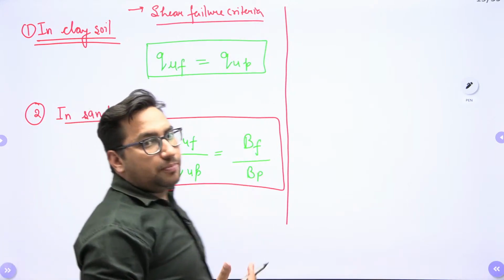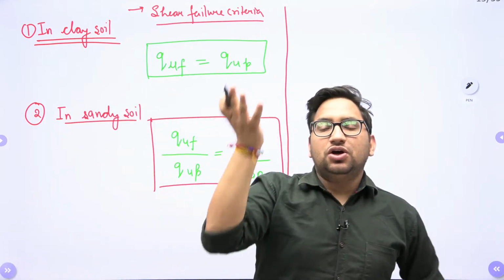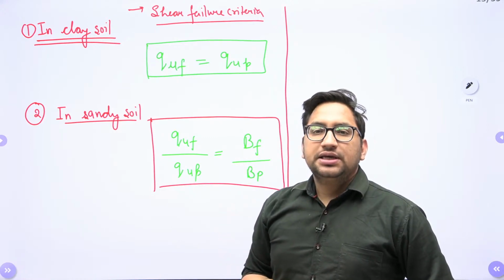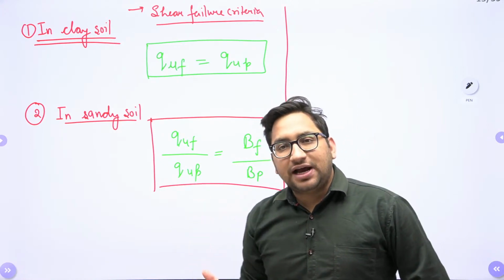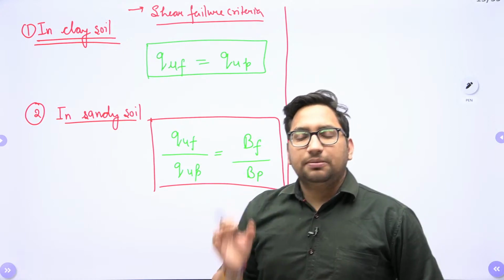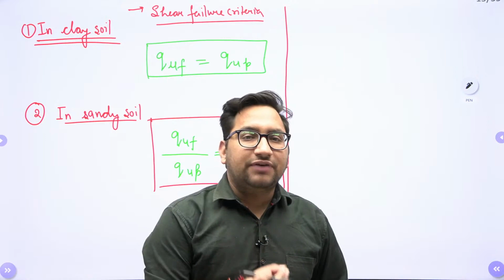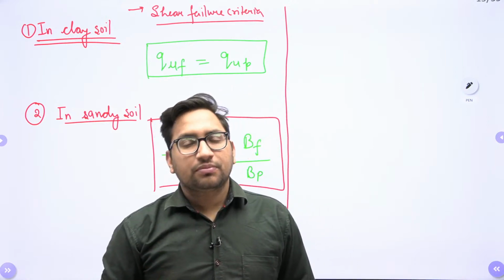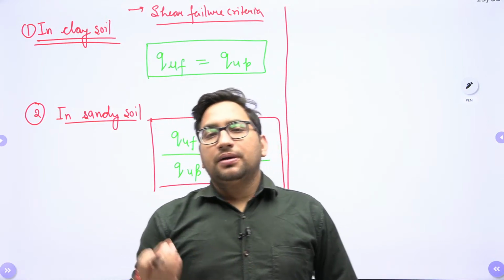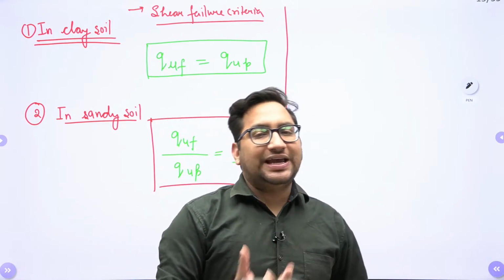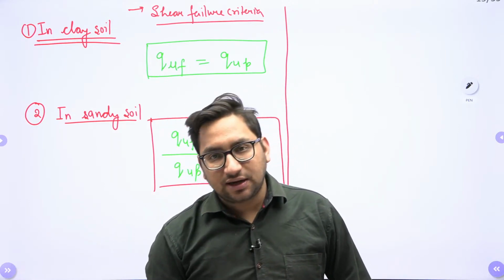It may also be possible that when you are applying the load over a plate, or stresses over a particular soil, there may be a settlement value which is greater than the permissible value suggested by the IS code. If the settlement value in the foundation is more than the permissible value given by the IS code, you will say that your foundation has failed under the settlement criteria, right?